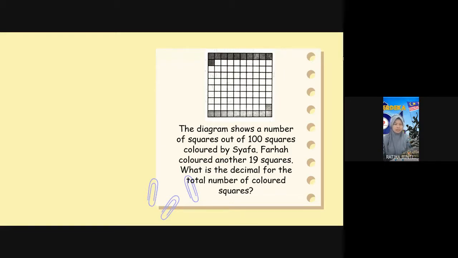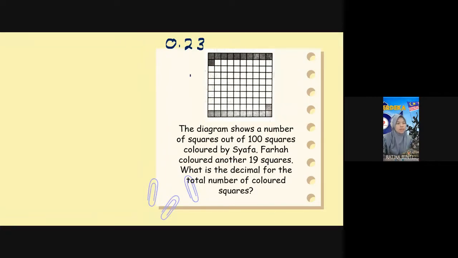What is the decimal for the total number of colored squares? 0.23. Okay, any other answer?